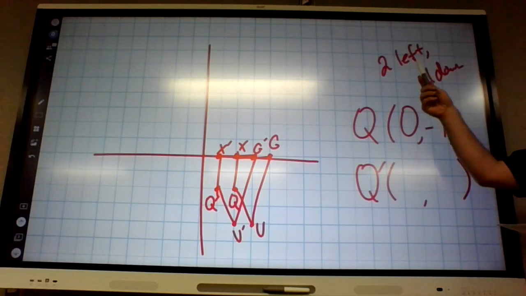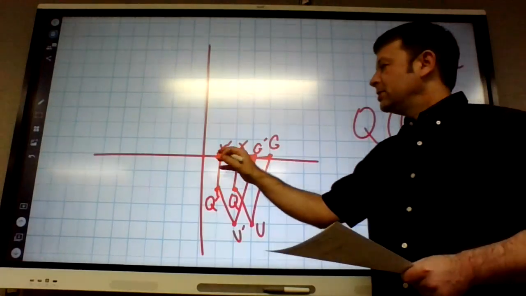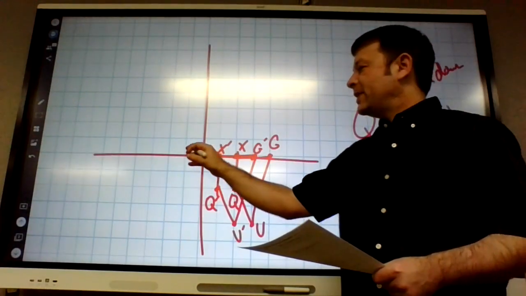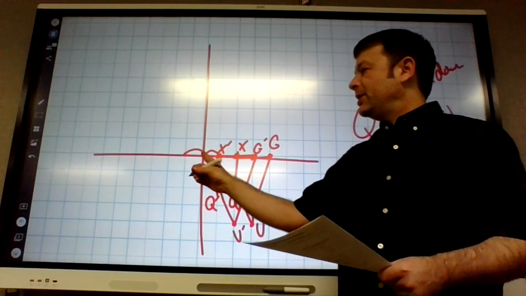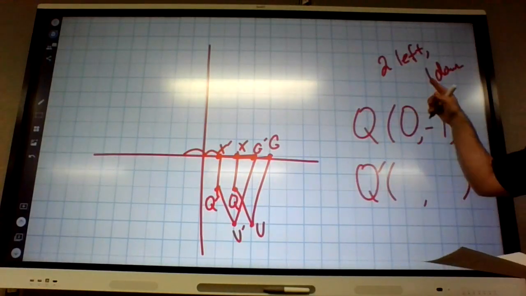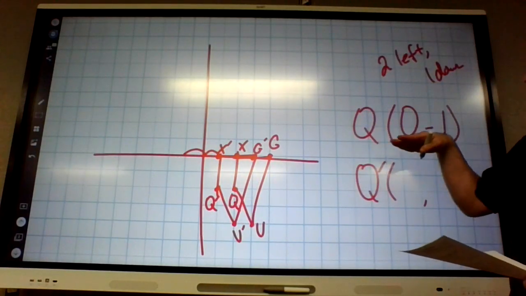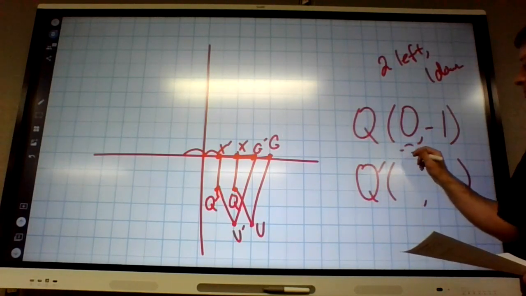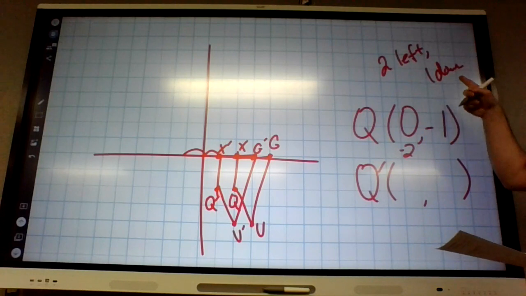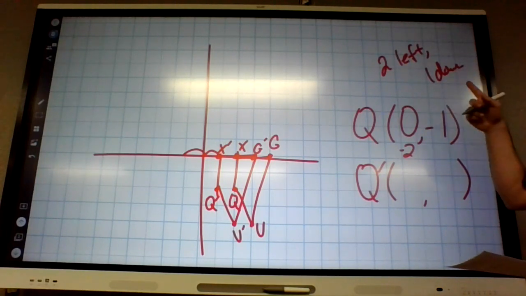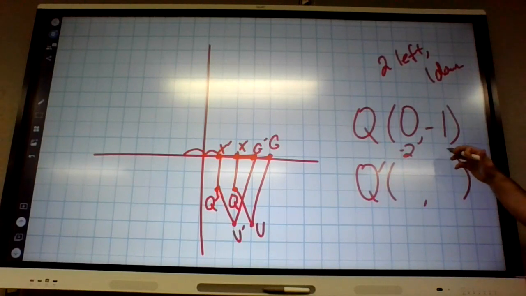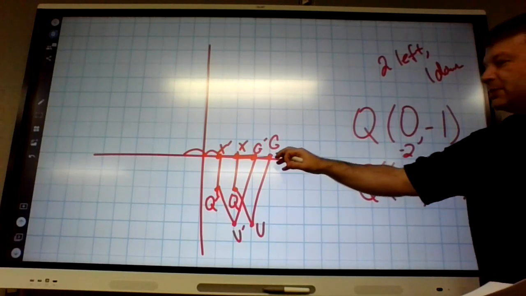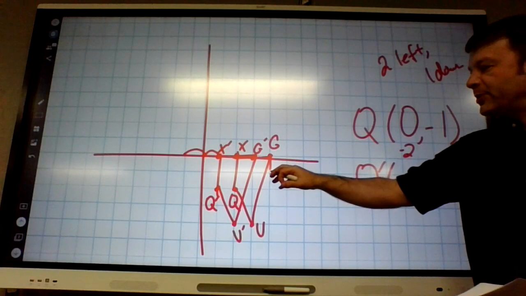Okay, to the left does what to the point? It changes the x value, right? If you're moving 2 to the left, that means your x value is going to go down 2. So you just have to minus 2 for the x value. If you're moving 1 down, what does that do to the point? It changes the y value by making it go lower.